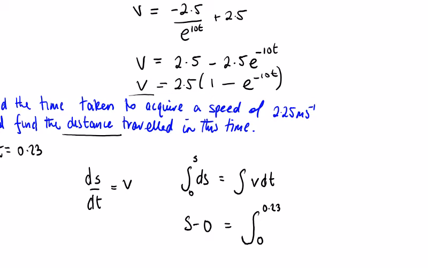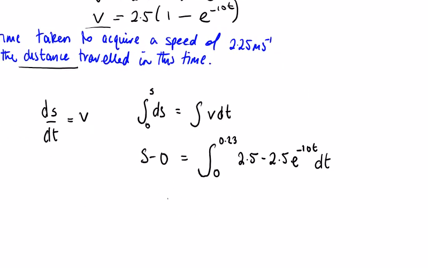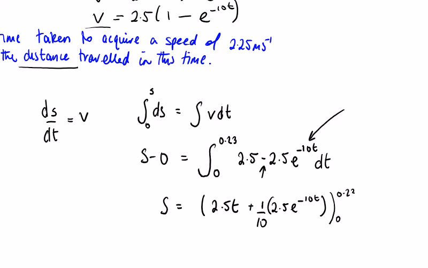We need to integrate v, which we have up above here, 2.5 minus 2.5 e to the power of minus 10t dt, and that's going to give us s is equal to, if we integrate 2.5, we're going to get 2.5t, and for e to the power of at, that's going to be my minus 1 over 10, and it's a minus in the middle, so it's going to give me plus 1 over 10 by 2.5 e to the power of minus 10t, and it's between 0 and 0.23.